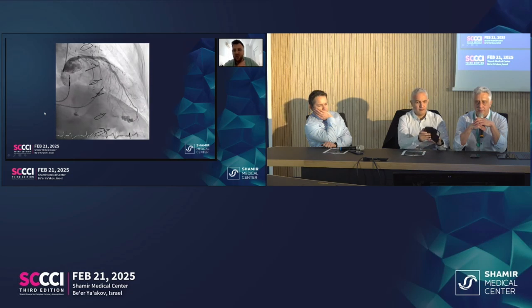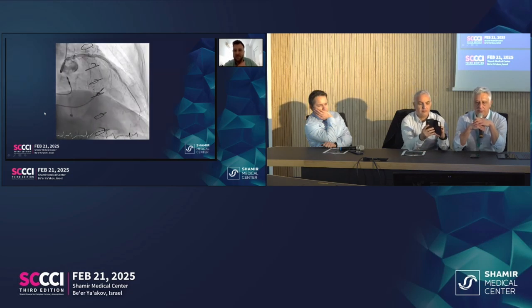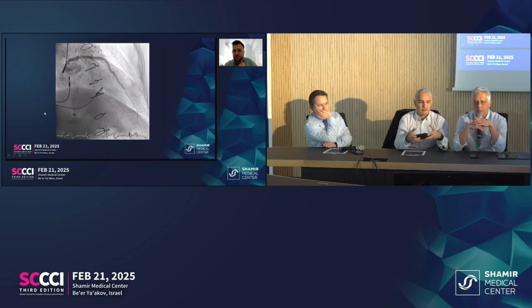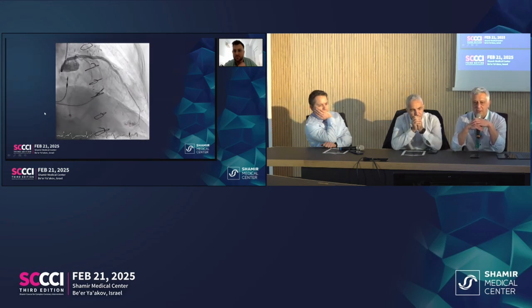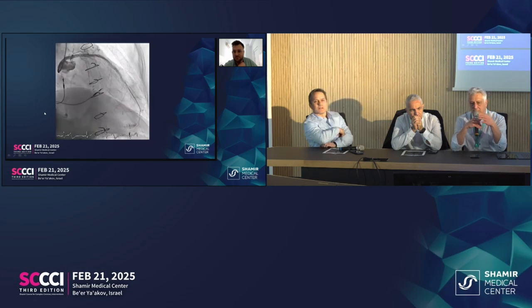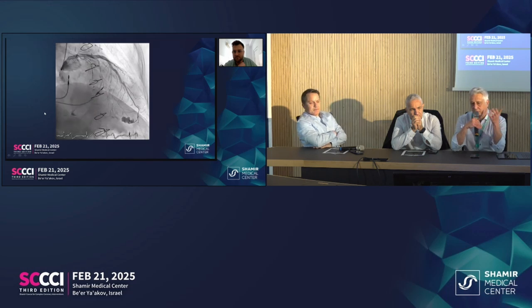Then you might create a stroke by putting a coil. You can put a small balloon, cut the balloon, and leave a cut balloon there, like an umbrella, to block the distal artery. So the question is whether it goes into the large cavity, and if it's embolized, it may cause other troubles like embolization to the brain and so on, or it's filling some other cavity, some hematoma. So I don't care.